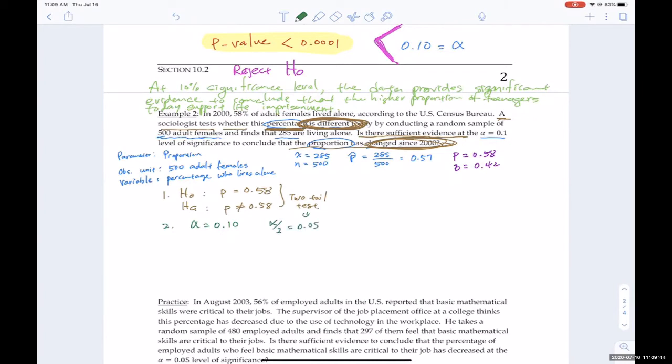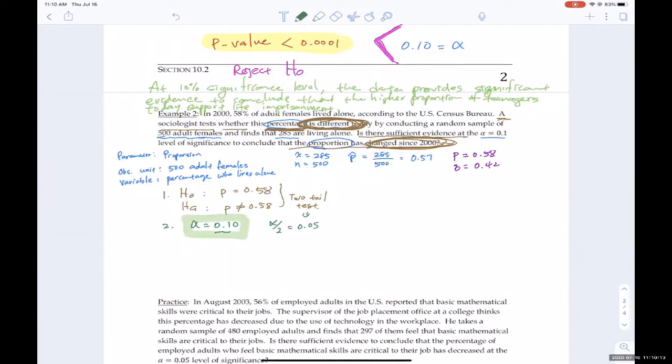You don't have to do this. If you're doing this by hand using a table, then we would refer to this significance level rather than this one. But for now, you don't need to worry about this. I just put that there. We want to focus more on this one right here.